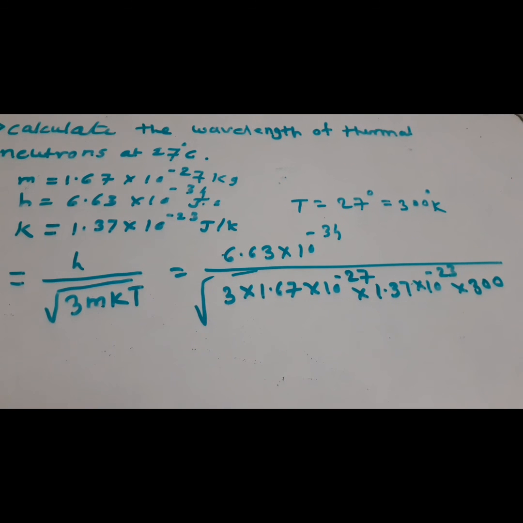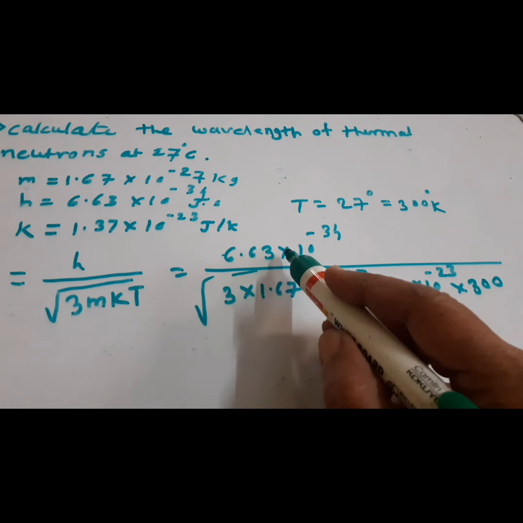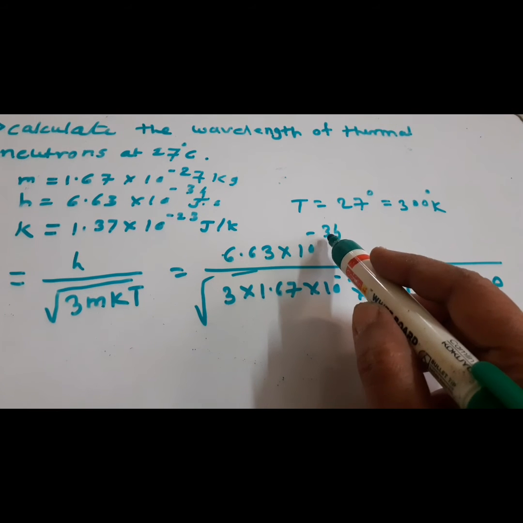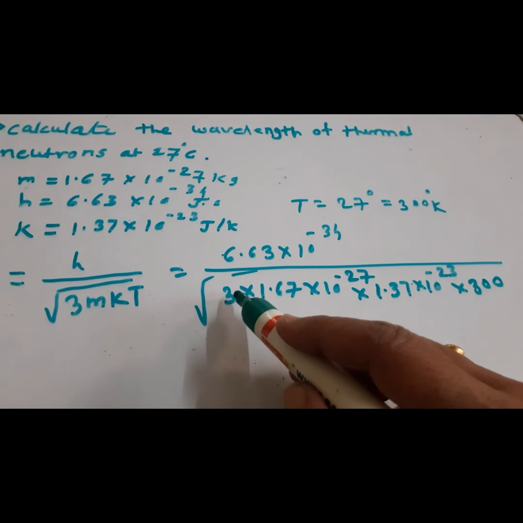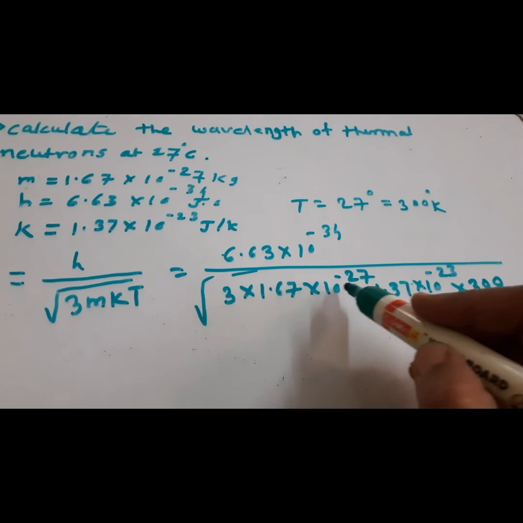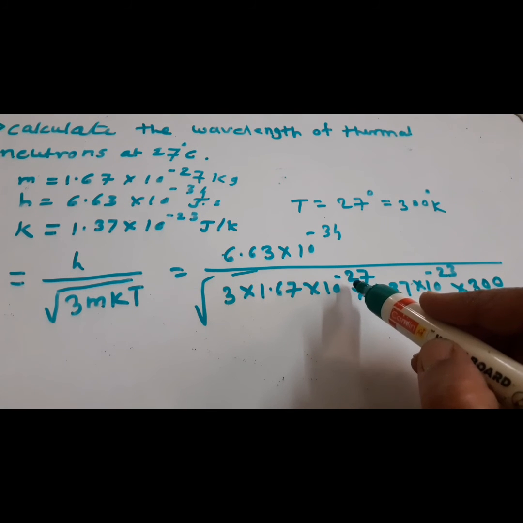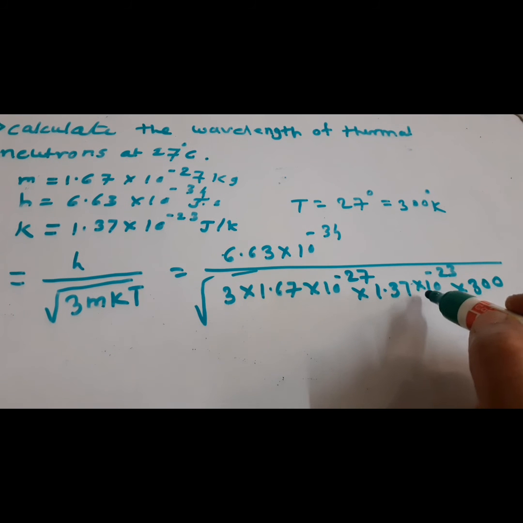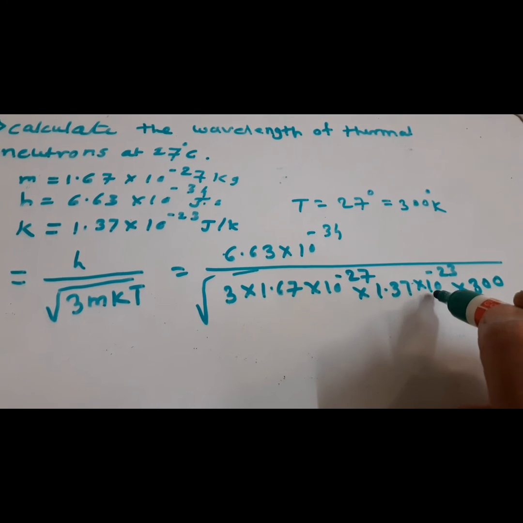Again I will revise the term. 6.63 into 10 to the power minus 34 divided by under root of 3 into 1.67 into 10 to the power minus 27 into 1.37 into 10 to the power minus 23 into 300.